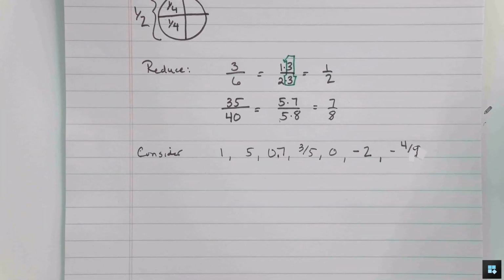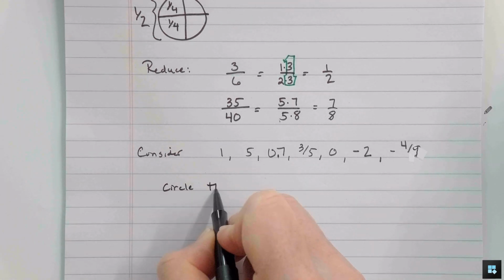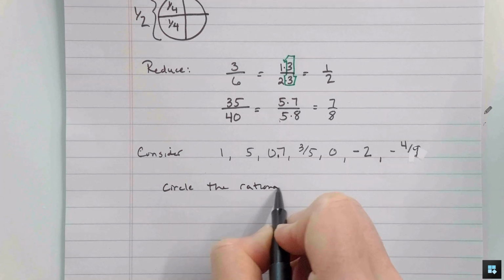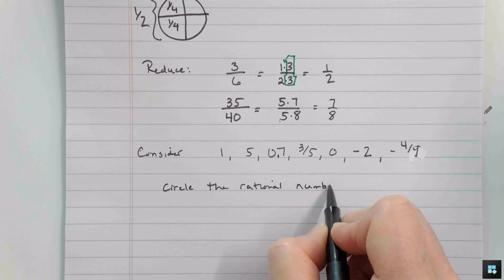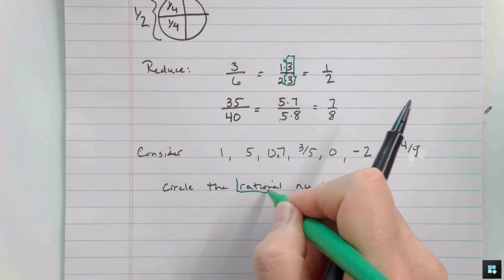At your desk, go ahead and circle the rational ones. Circle the rational numbers. So remember the definition we just talked about. They're able to be written as fractions.